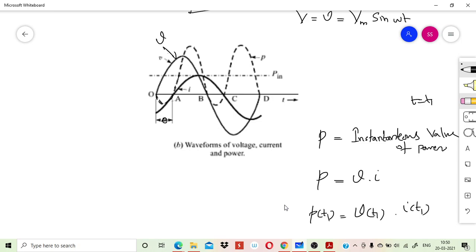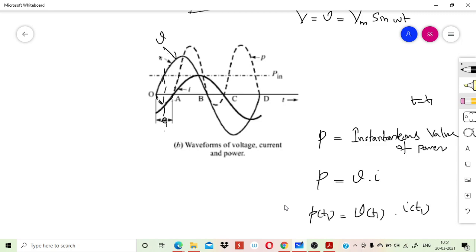If you take this instant of time, the voltage is positive but the current is negative. Positive into negative gives negative. Here the current is 0 and the voltage is some positive value, so positive into 0 is 0. So power is 0 at this instant.